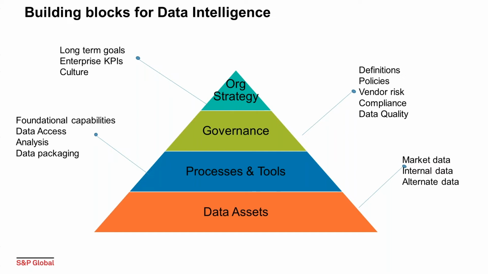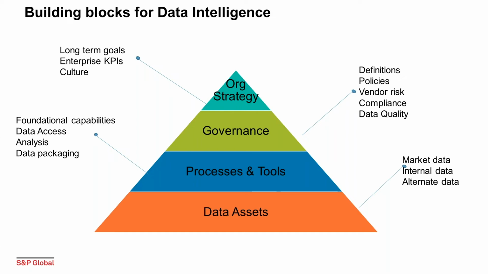So next is processes and tools. So in order for data to be utilized in a meaningful way, and also in order to maximize the benefits and experimentation with the data, there have to be foundational capabilities built around data access, and then how data can be analyzed, and then how data can be packaged, right?